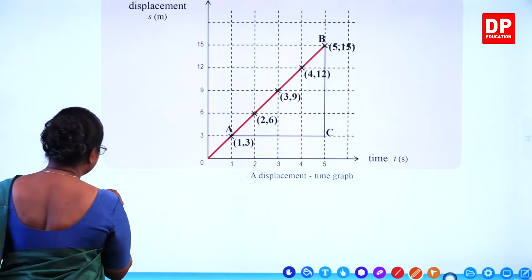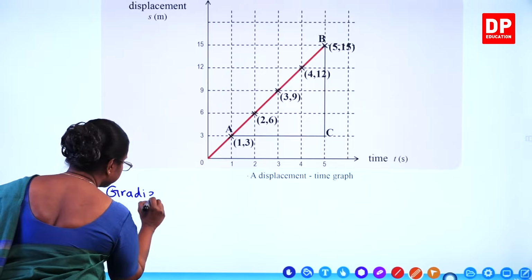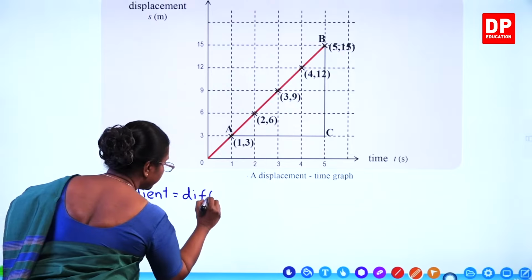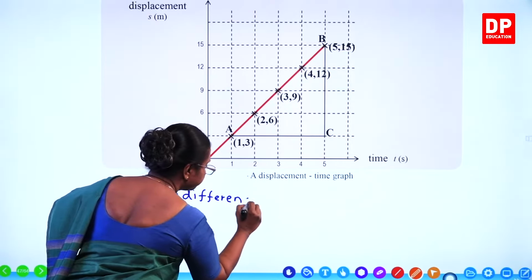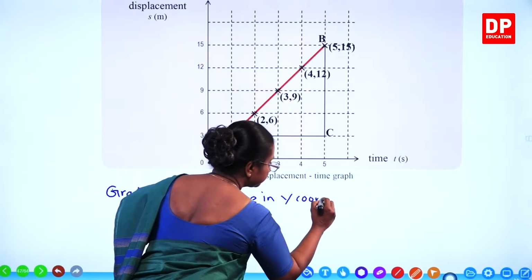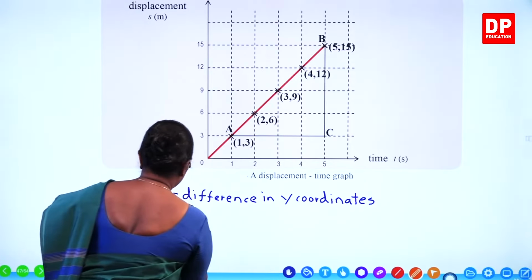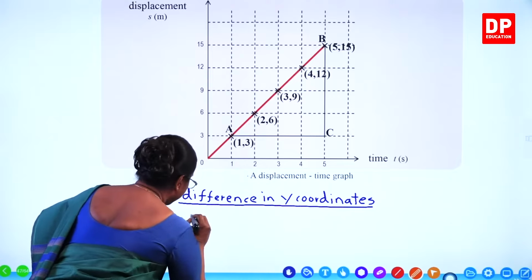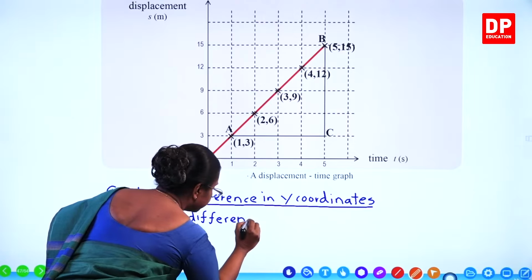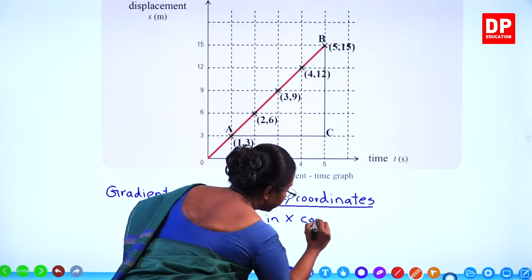So if we write the equation for gradient, gradient is equal to difference in y coordinates divided by the difference in x coordinates.